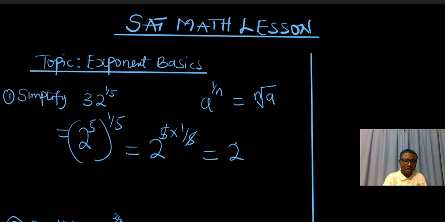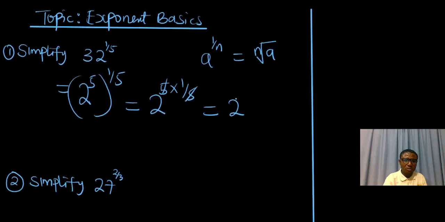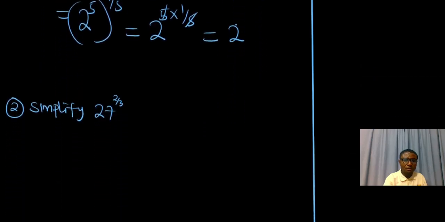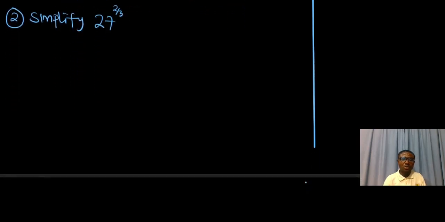Then for the second question, we are asked to solve 27 to the power of 2 over 3. So we can look for a number we raise to the power of 3 to give 27. So the target is this.